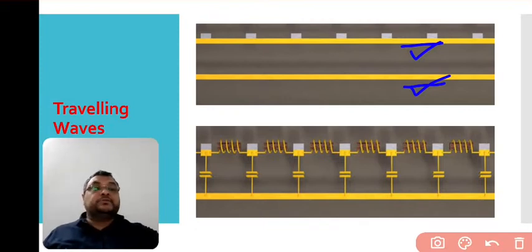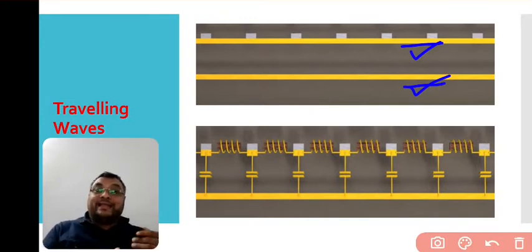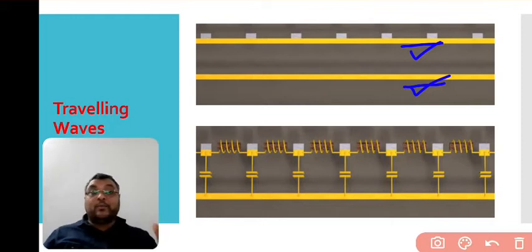So when our transmission line carries the signal, it is an inherent property that it will create a capacitance between them.